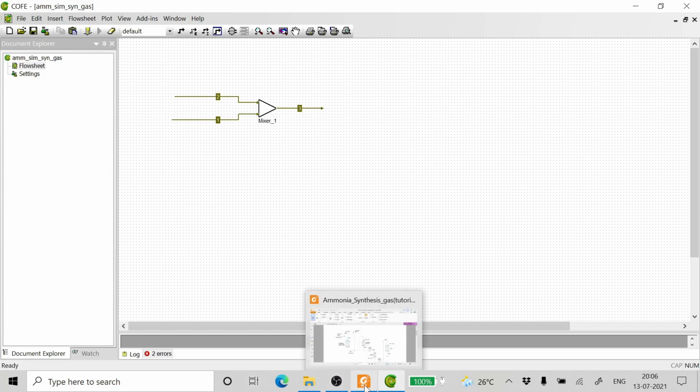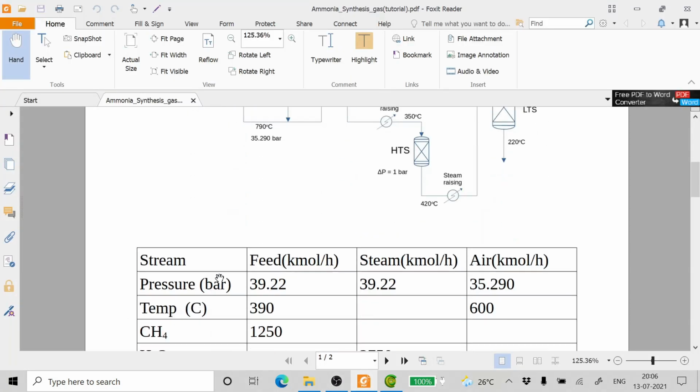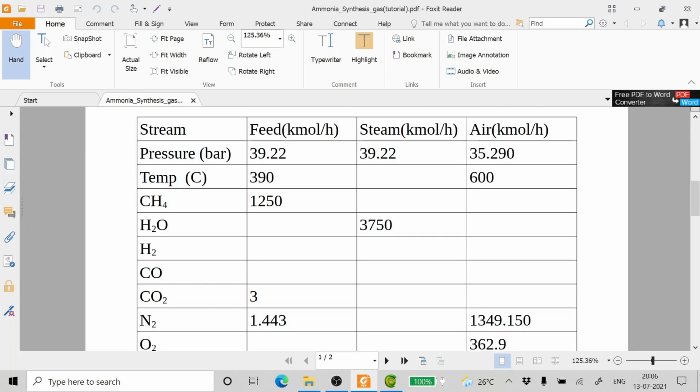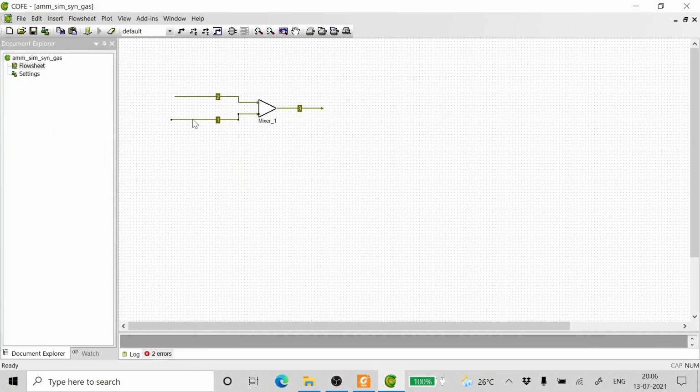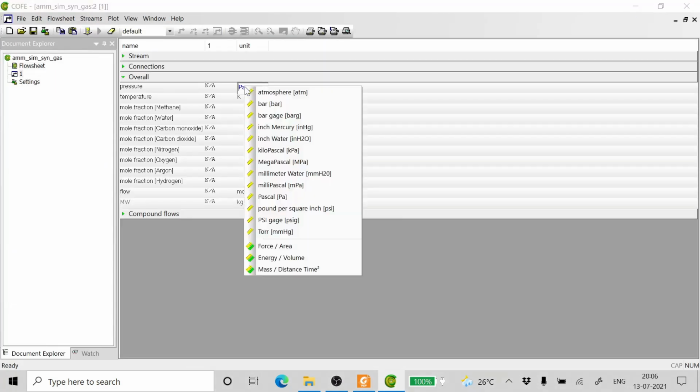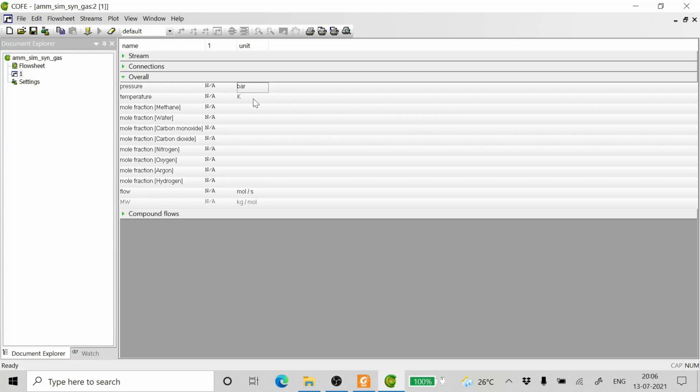Now we go ahead and we put the values in the stream. So the pressure at which the natural gas is coming is 39.22 bar. So we double click on the stream and we change the units to bars and we change the temperature units to Celsius. We enter that.